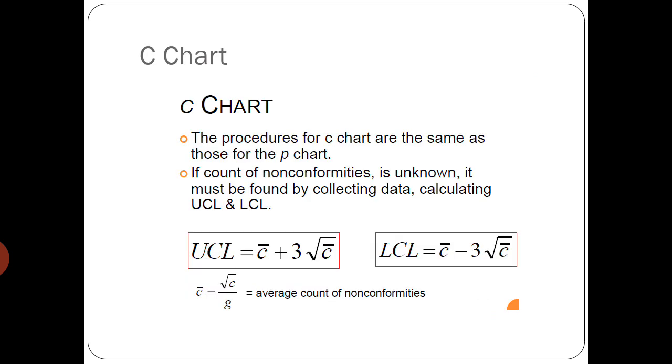Similarly, for the C chart, the procedure is the same as for the NP chart. Again, only the formula differs. Upper control limit is C bar plus 3 root of C bar. So C bar is the sum of C divided by the number of subgroups, the average count of non-conformities. Lower control limit is C bar minus 3 into root of C bar. So upper always plus, lower minus.